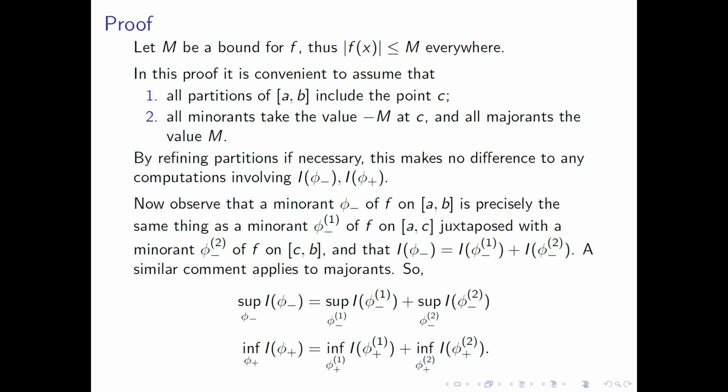So if we're going to take the supremal possible value over minorants for f, that's just obtained by taking the supremal possible value of the minorants restricted to AC plus the supremal possible value of the minorants restricted to CB. So that means we just get this equality here. Similarly for majorants with infs.